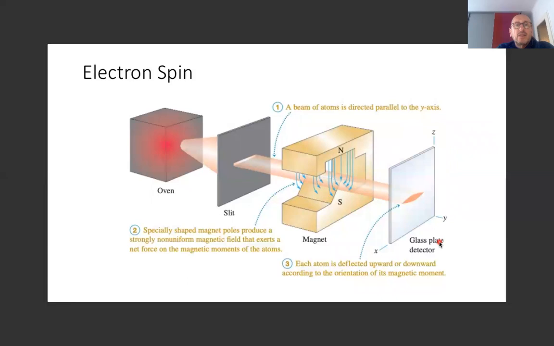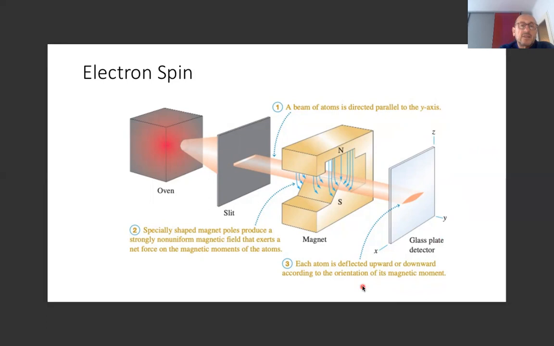There's something that is missing in our description, and what is missing is the concept of the electron spin, and I'm going to try to explain to you how this was discovered.